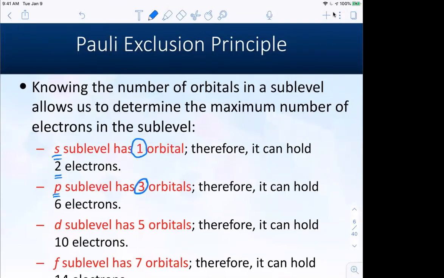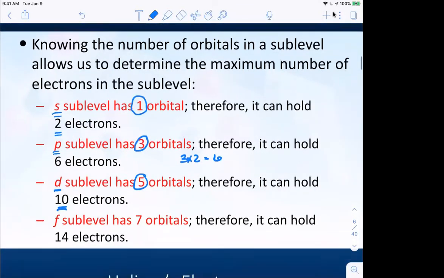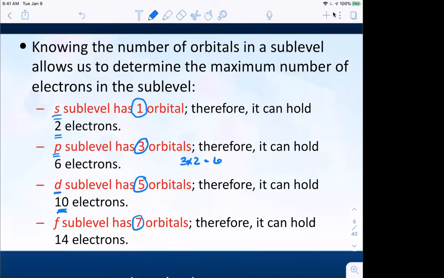It can hold 3 times 2, or a maximum of 6 electrons. D has 5 orbitals, so it can hold 10 electrons, and the f sublevel has 7 orbitals, and thus can hold 14 electrons.